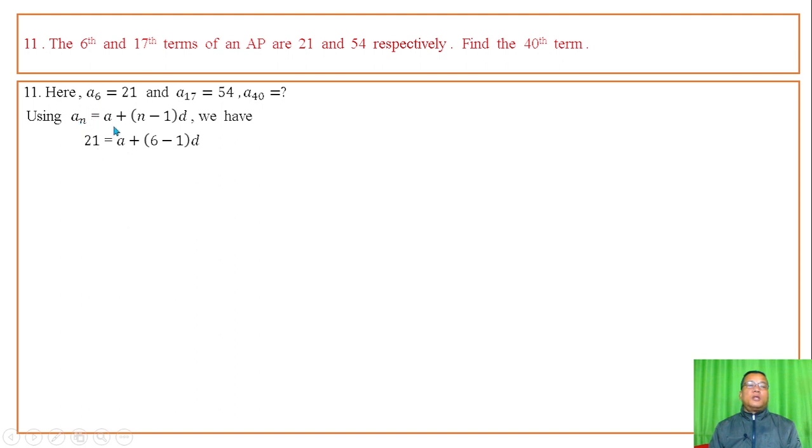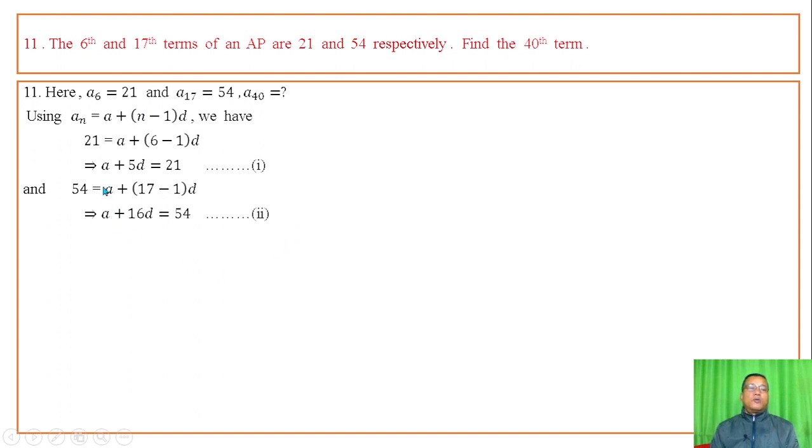a6 is 21, so a + 5d = 21. Simplify to equation 1 with unknowns a and d. Next, a17 equals 54, so a + 16d = 54. Simplify to equation 2.